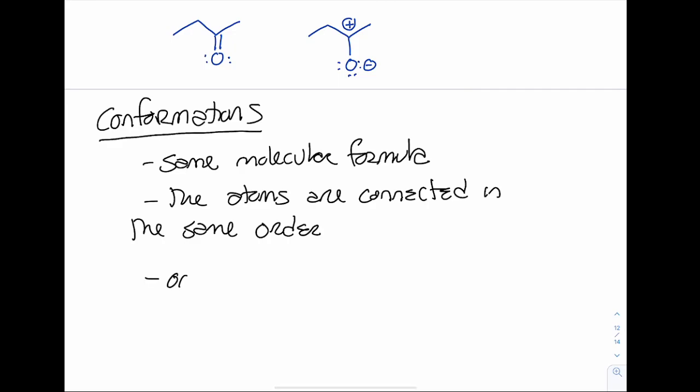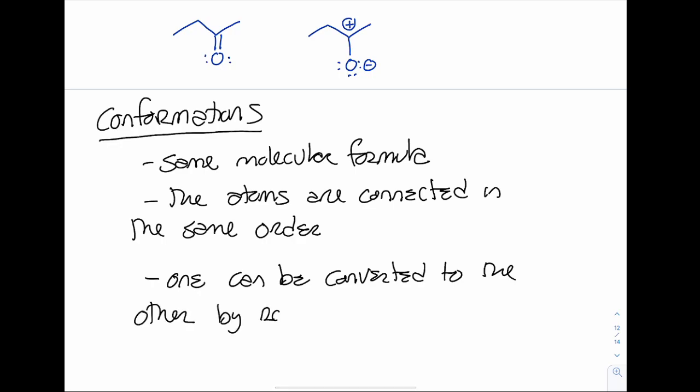And one can be converted to the other by rotating a bond. And in the case of chair conformations, we don't rotate the bond a full 180 degrees. We're just rotating it a little bit, but it's still rotating a bond, right?